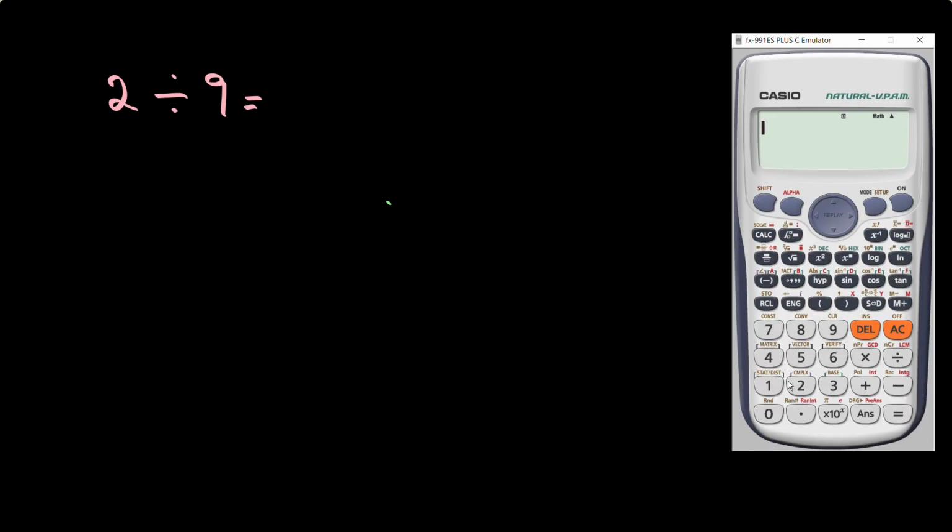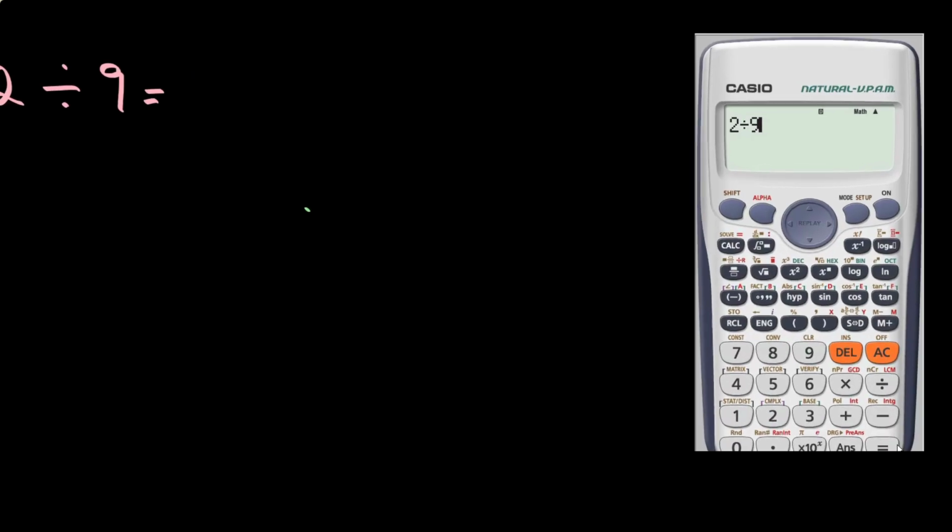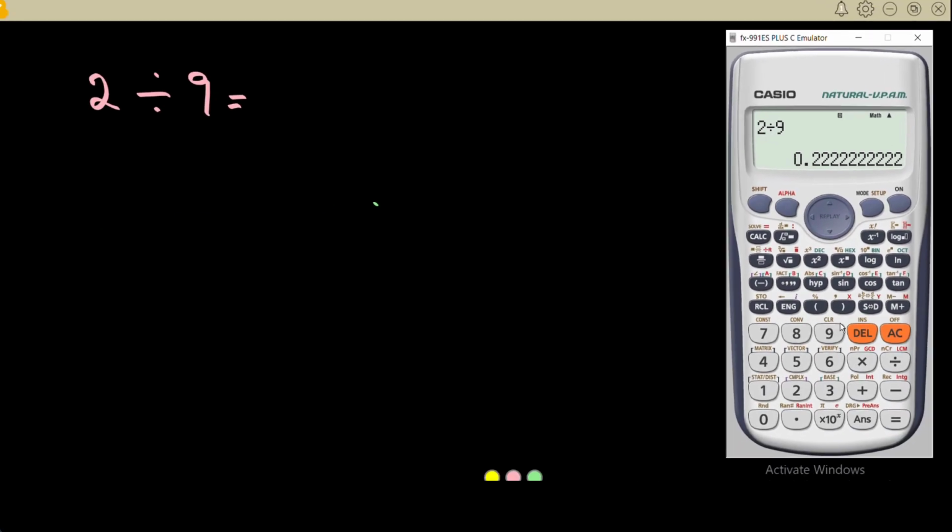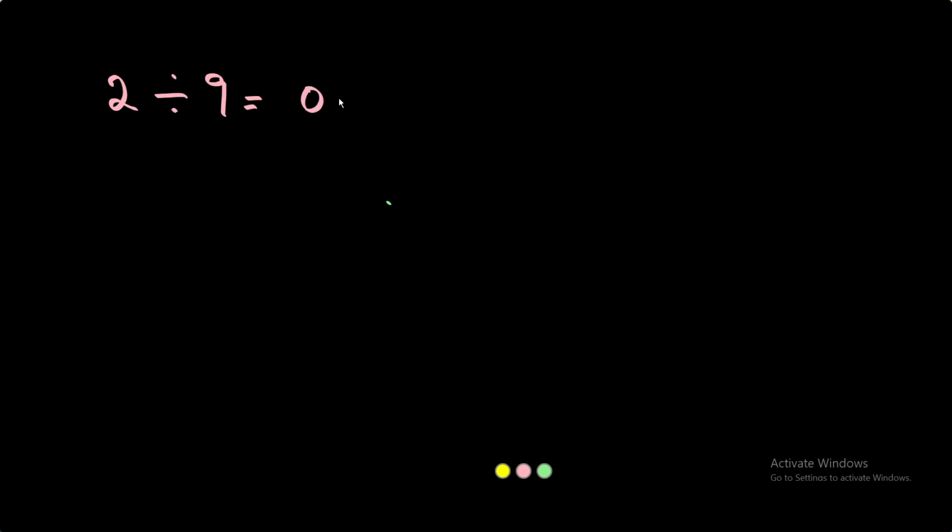You probably have seen a case where you divide 2 by 9 on a calculator, and of course you get a number like 0.22222.